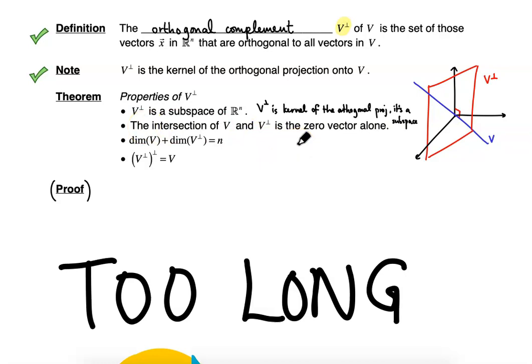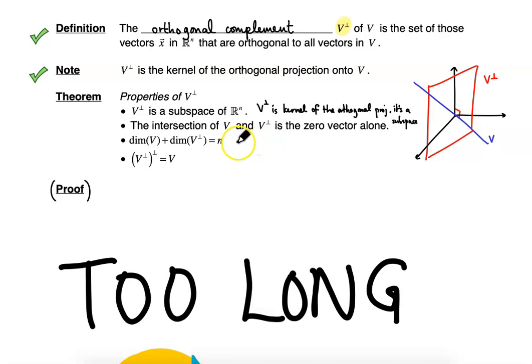There is no vector that belongs to both V and V perpendicular. How would you go around to proving that? Well, think of the dot product. If a vector x is in both V and V perpendicular, it means its dot product with itself has to be 0. And what does that mean? It means it's the vector 0 only.